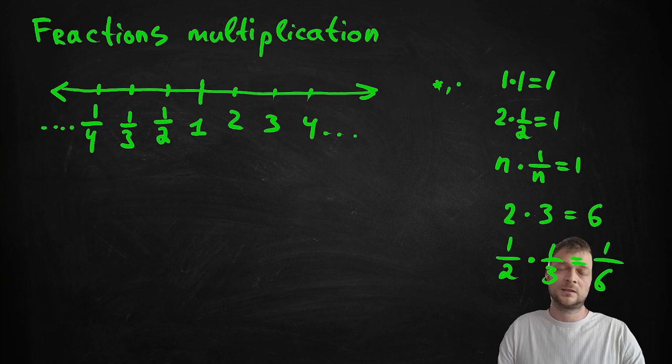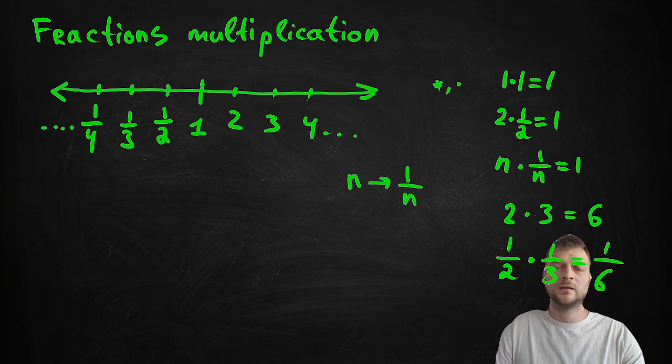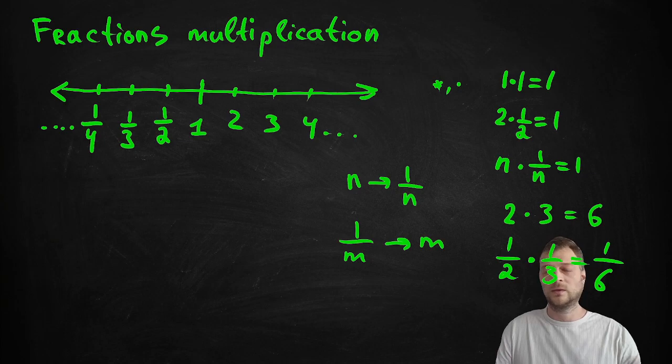This symmetry can also be expressed so that if I change each n to 1/n, and each 1/m to m, you will not notice. So there's just complete symmetry here.